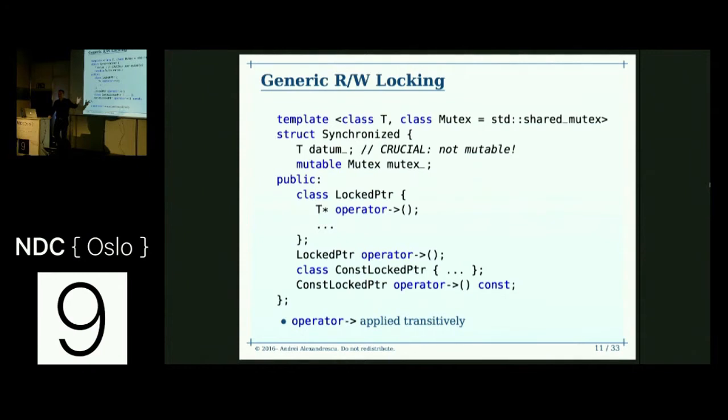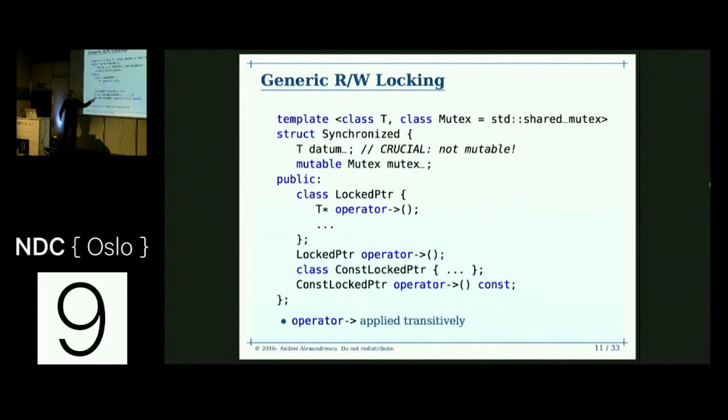Right? So you see, I'm very deliberately here setting you up for a lock, method call, unlock sequence. Better yet, in case I have a const synchronized object, I'm going to return a different type here. So I'm going to go through the same motions, except I'm going to create and destroy a different type of object, which, you can see where I'm going with this.